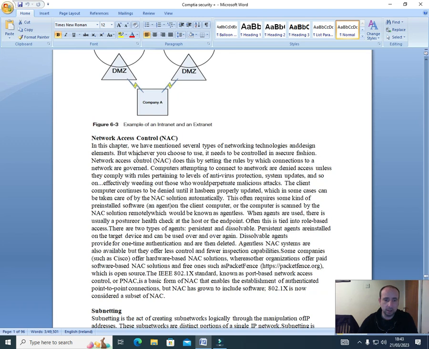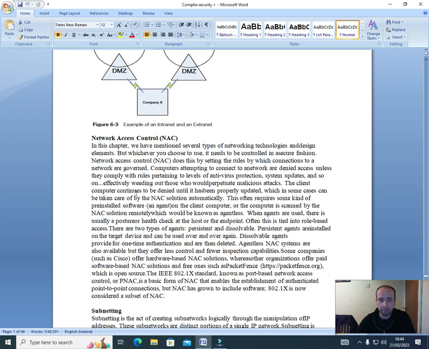Network access control. In this chapter we have mentioned several types of networking technologies and design implementations, but whichever you choose to use, it needs to be controlled in a secure fashion. Network access control, NAC, does this by setting the rules by which connections to a network are governed. Computers attempting to connect to a network are denied access unless they comply with the rules pertaining to levels of antivirus protection, system updates, and so on, effectively weeding out those who would perpetrate malicious attacks.